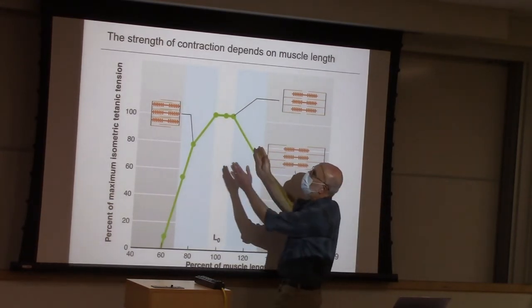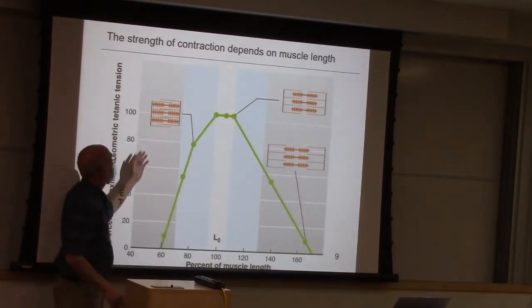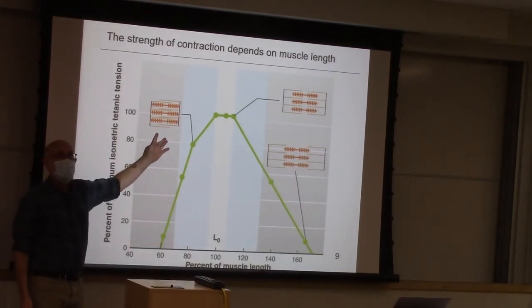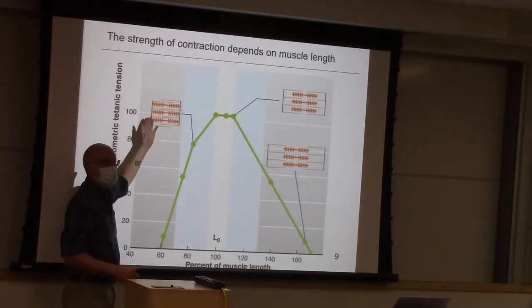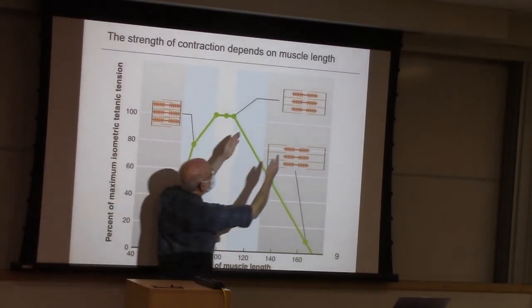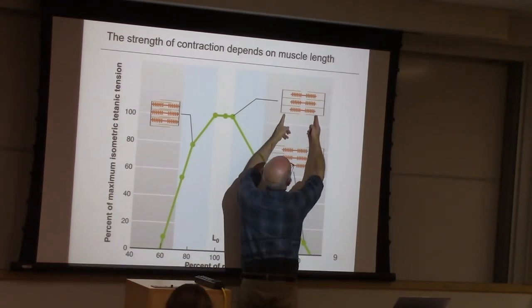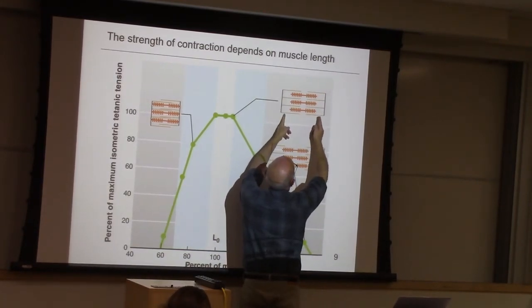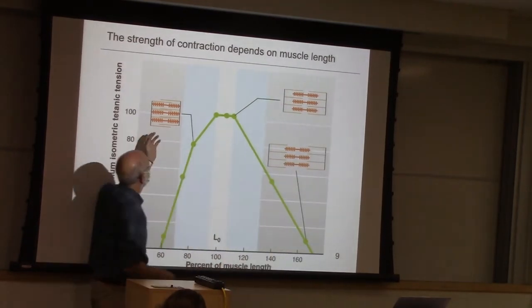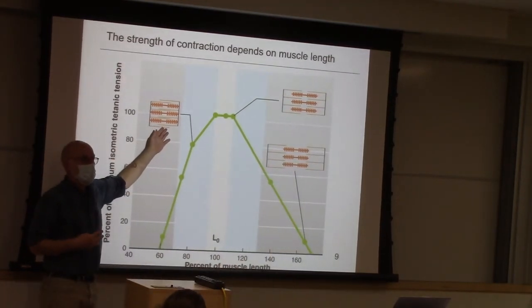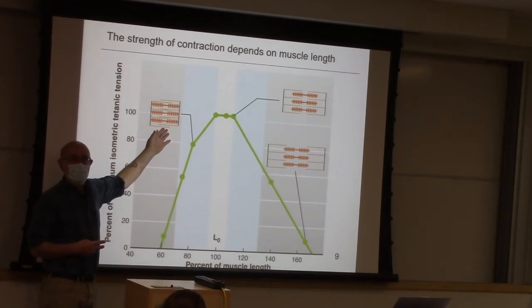If the muscle is not stretched to a perfect length, so say it's only stretched to this amount, this is an exaggeration, but you could see if this sarcomere was a little bit shorter, there's going to be some interaction between the thin filaments.